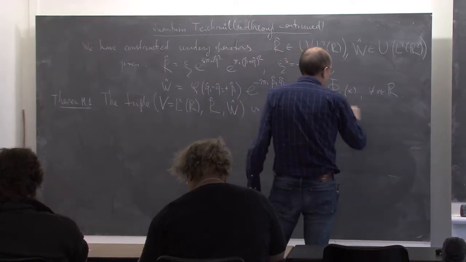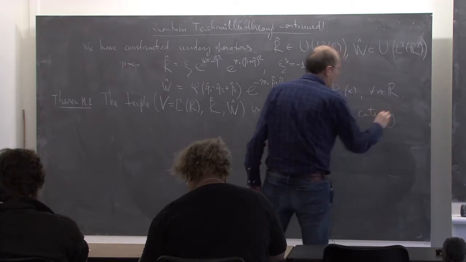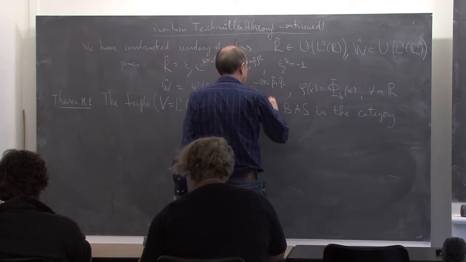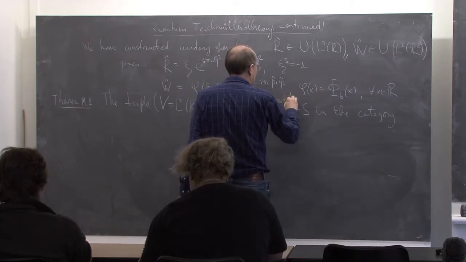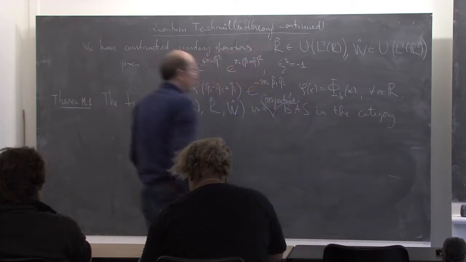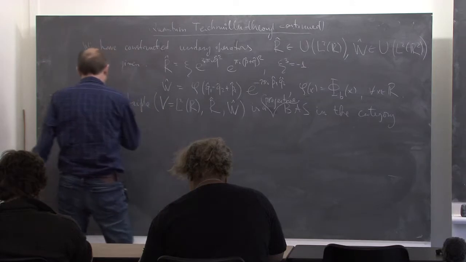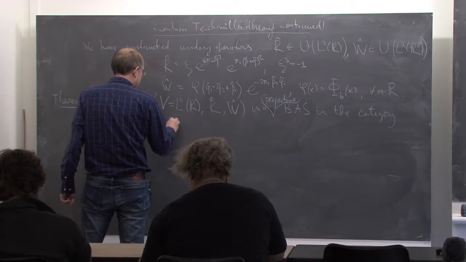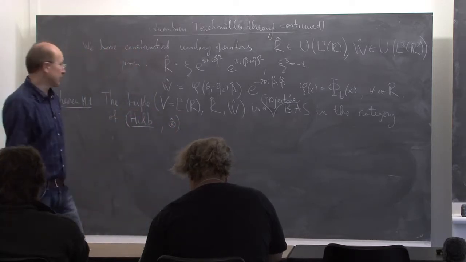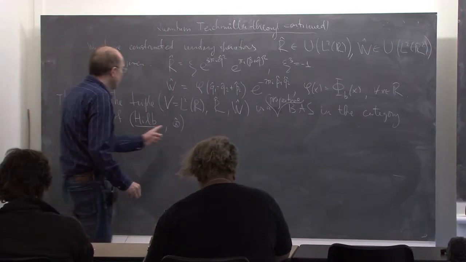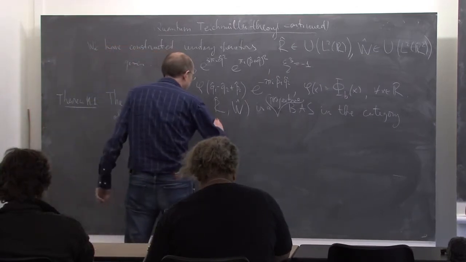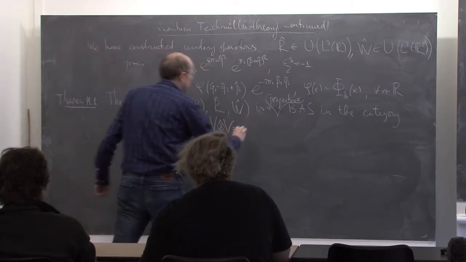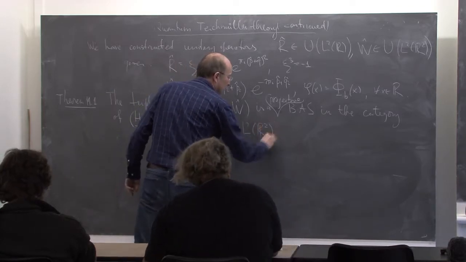in the category of Hilbert spaces. It is a projective basic algebraic system in the category of Hilbert spaces with, say, a completed tensor product. The completed tensor product means that V tensor hat V here means L2 of R2.